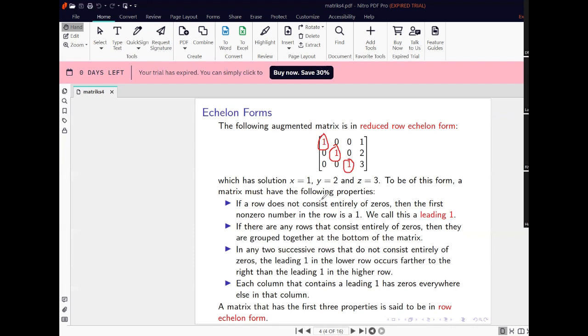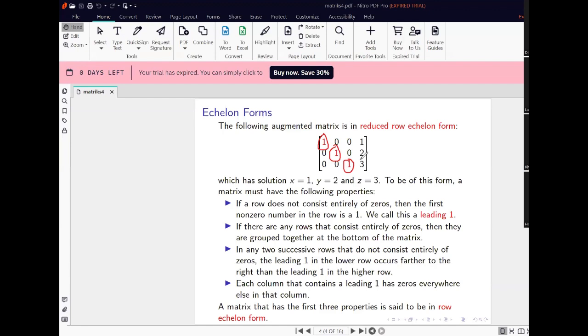The next property that has to be met for a matrix to become row reduced echelon form: if there are any rows that consist entirely of zeros, then they are grouped together at the bottom of the matrix.